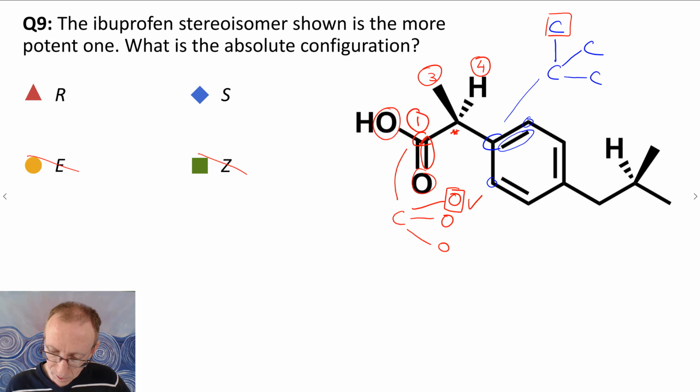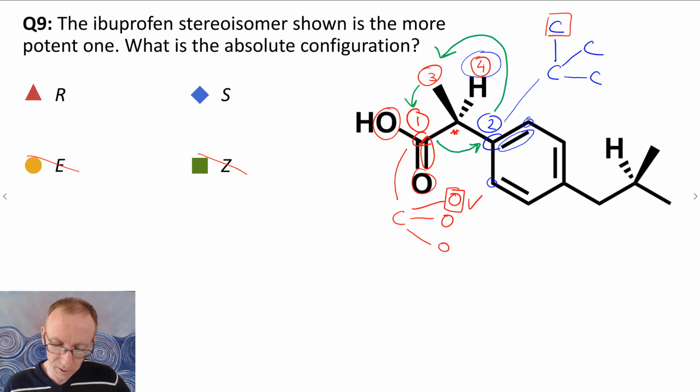Let's draw that in blue just to be consistent. Okay, now we're lucky, the lowest priority substituent is already away from us here. And so we can just go, and I'll do this in green now, we can go from 1 to 2, from 2 to 3, and from 3 back to 1. We're going in an anti-clockwise direction.